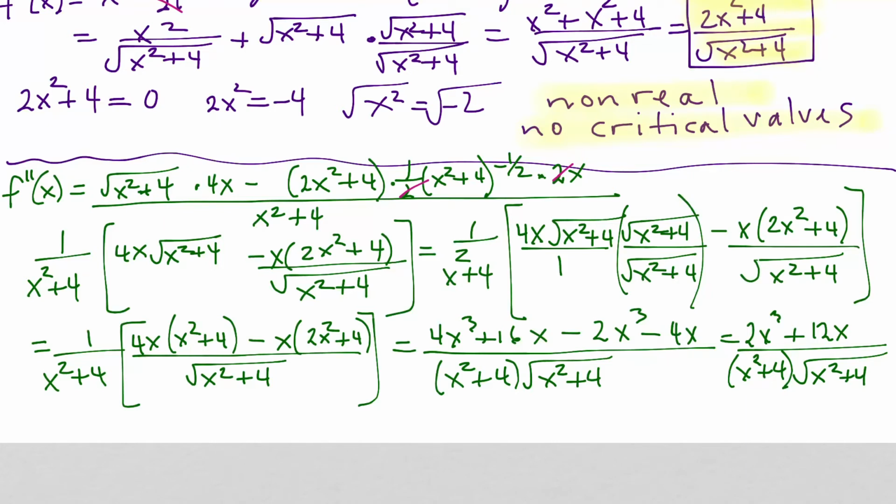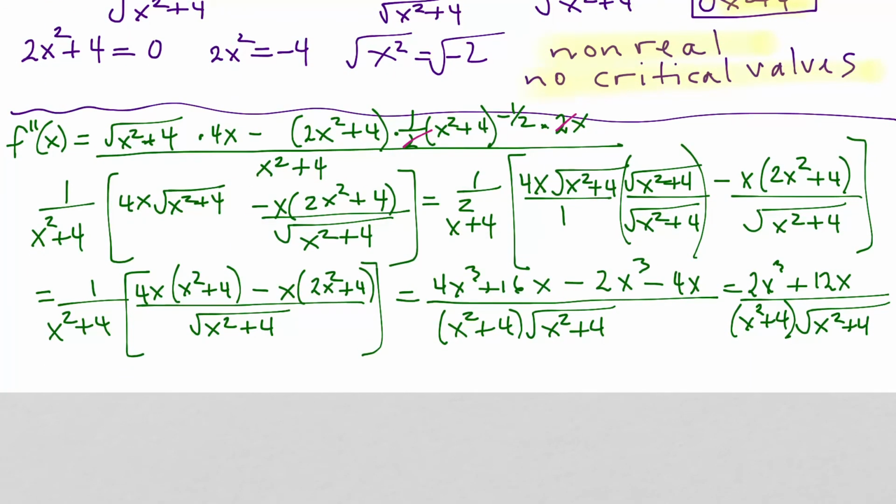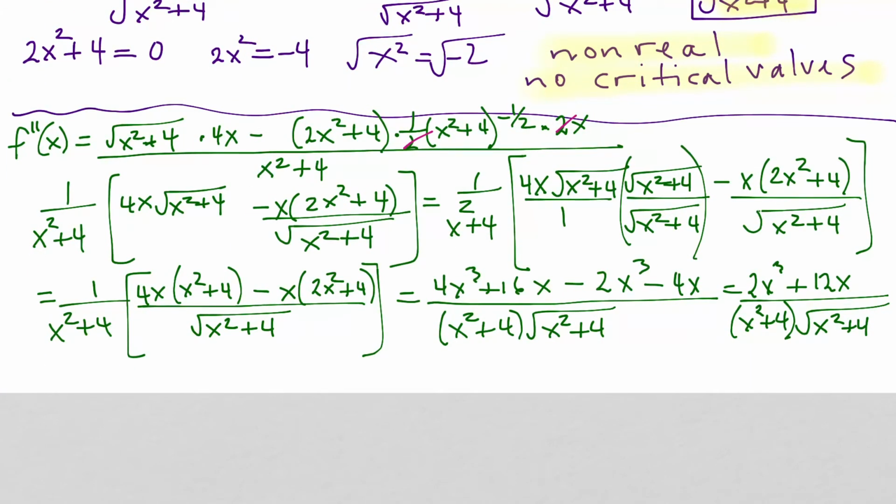So set that equal to 0, which means the numerator must be set equal to 0. So I've got 2x cubed plus 12x equals 0. That's the same thing as saying x cubed plus 6x is equal to 0.